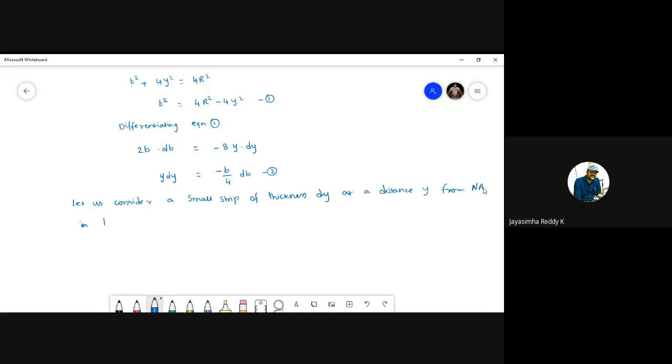So I am considering the strip in the shaded region, with a thickness of dy.